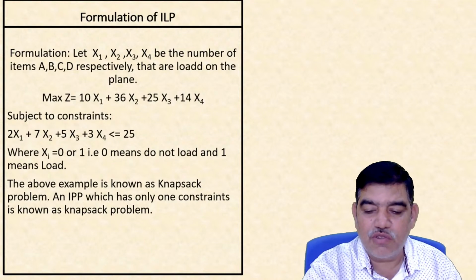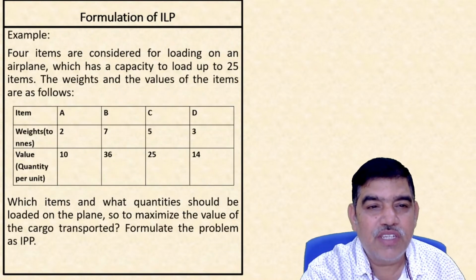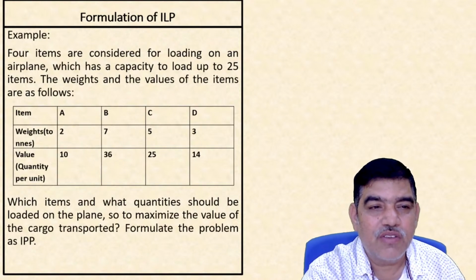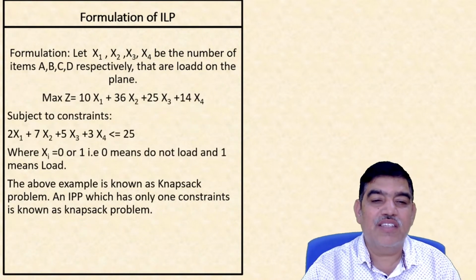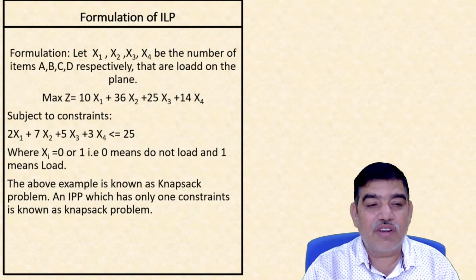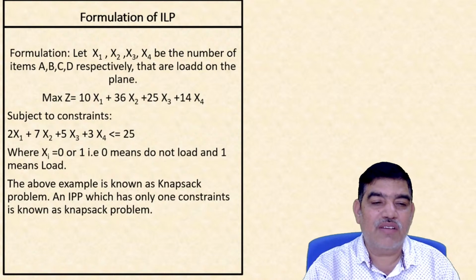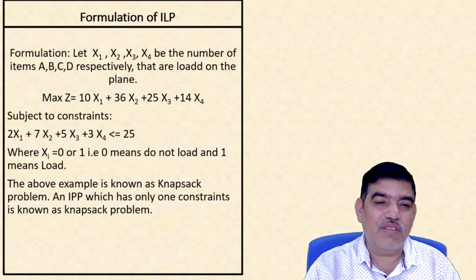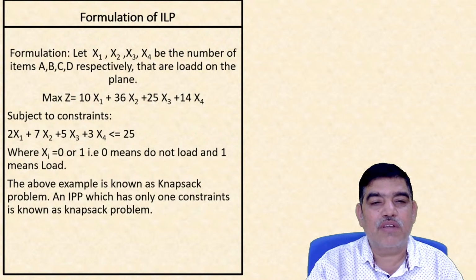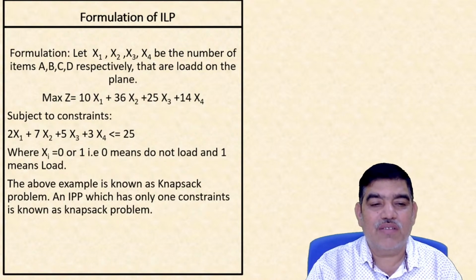It is mentioned in the question, which has the capacity to load up to 25 items. So not exceed 25. That's why I mentioned less than or equal to 25, where xi equals 0 or 1, meaning the decision variables x1, x2, x3, x4 may be 0 or 1.